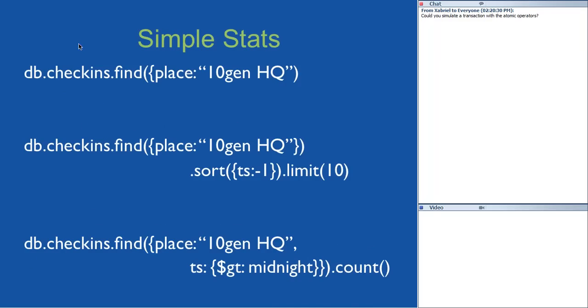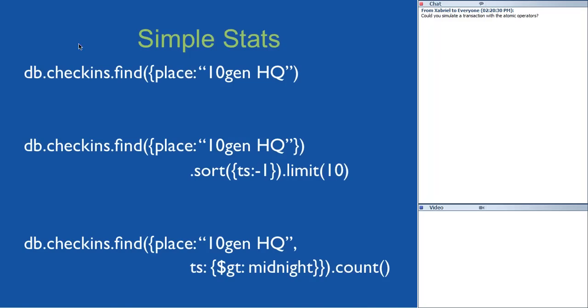And so we can do some simple statistics with Mongo. First is that we can just say, okay, db.checkins.find place 10gen headquarters. So with that, we're just saying, give me all the check-ins at the 10gen headquarters. db.checkins.find place 10gen headquarters .sort timestamp -1 limit 10.